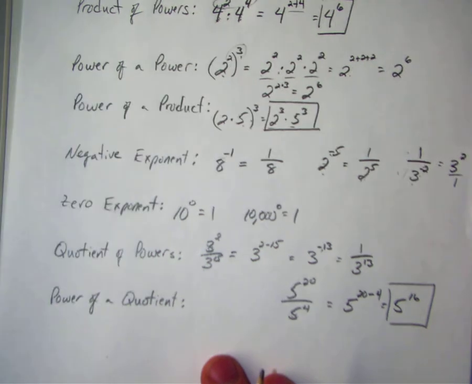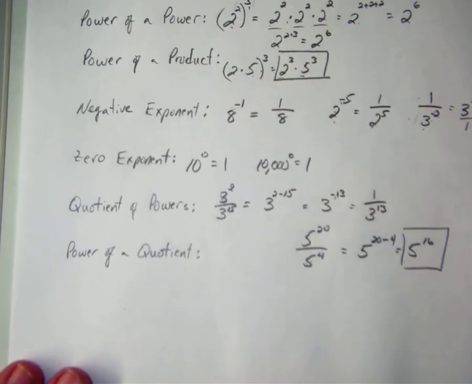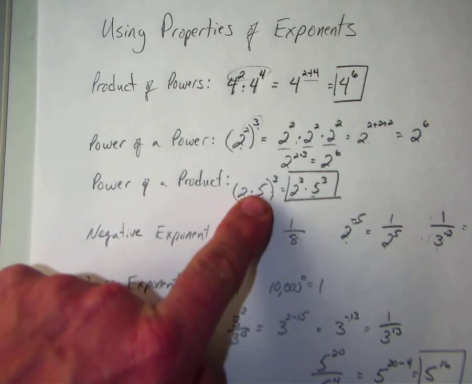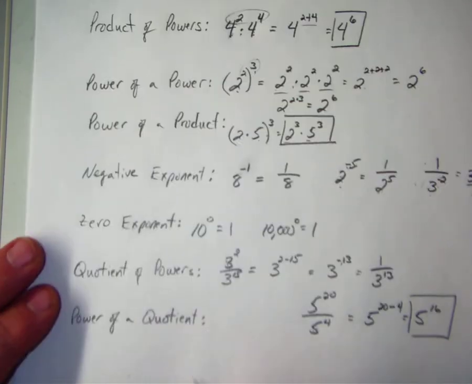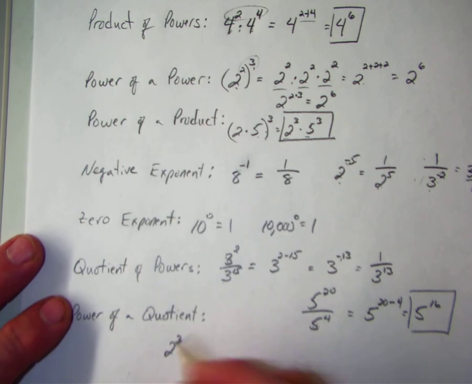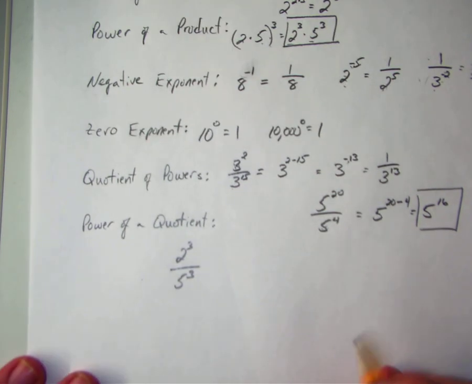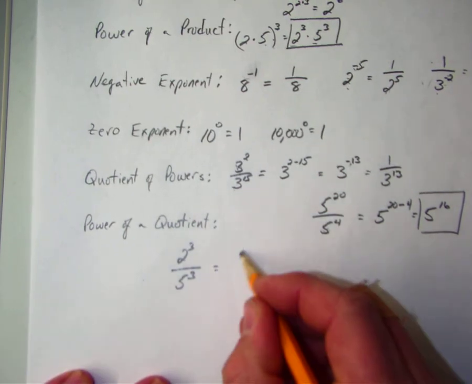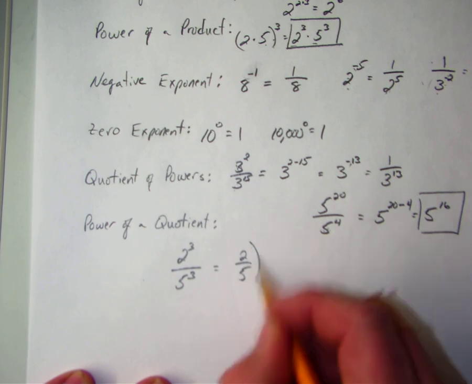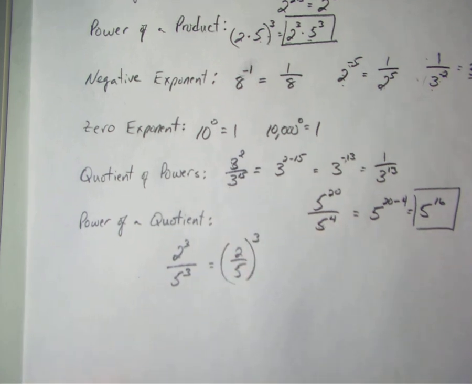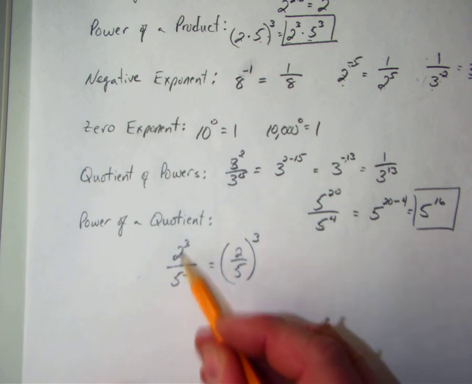And then the last property is the power of a quotient. It's very similar to the power of a product, but instead of multiplication here, it's division. So for example, if I have 2 cubed divided by 5 cubed, that's the same thing as saying 2 over 5, all of it to the 3rd power.